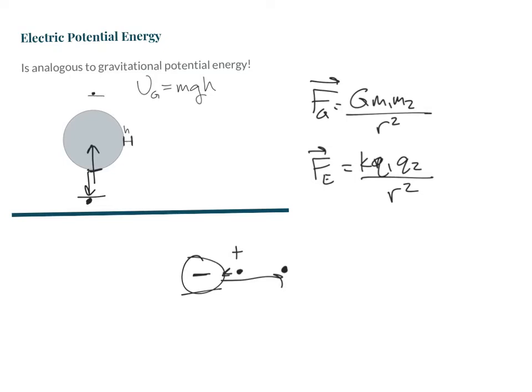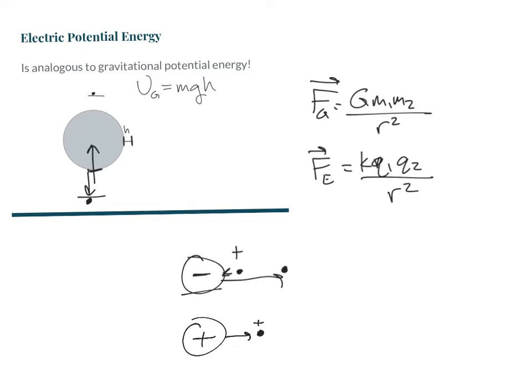However, because the electric force can be either attractive or repulsive depending on the charges of the objects involved, it's slightly more complicated. Another example might be a positive point charge and a positive test charge. My positive charge is going to be pushing away on the positive test charge.